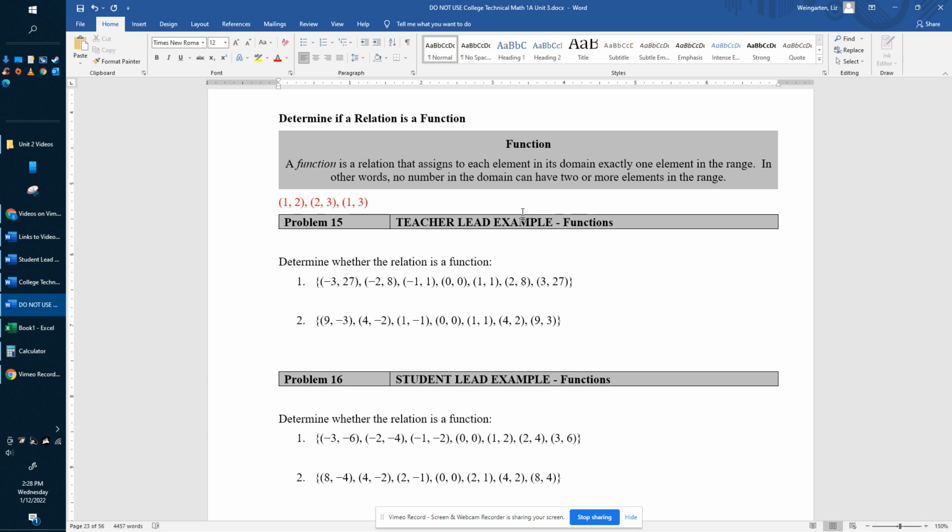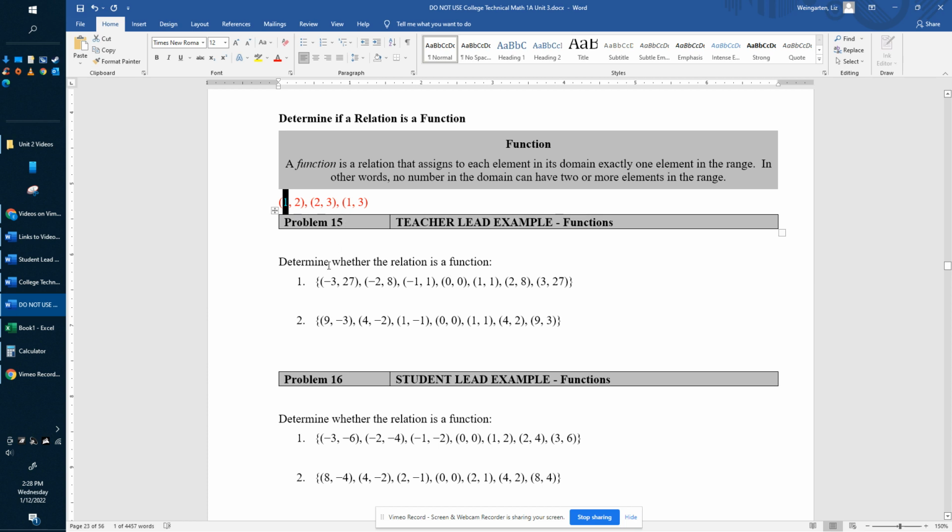So this one would not be a function because this number in the domain has two different items that are related to it in the range. That cannot happen. It's like saying if we're solving for an equation, we would have to try to figure out what the other y value for x would be, and that can't happen in a function.